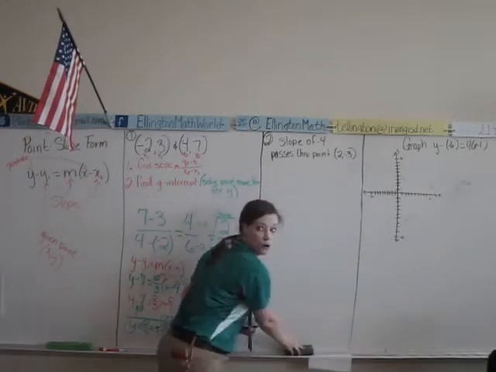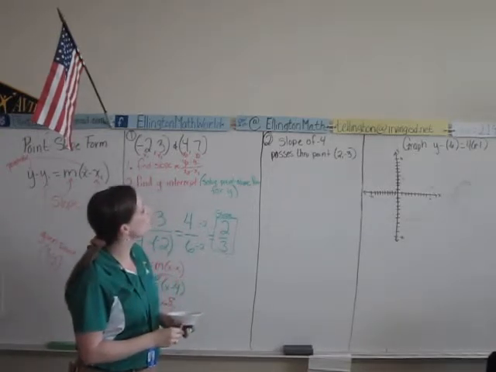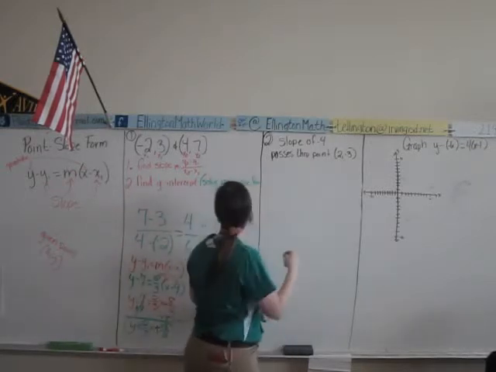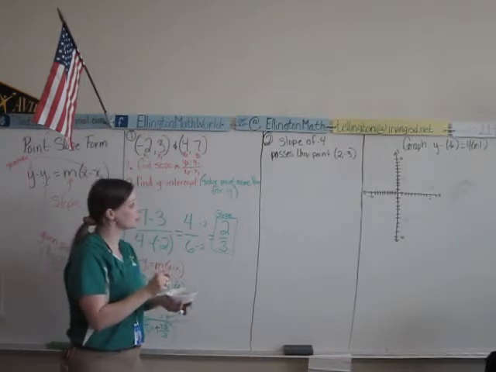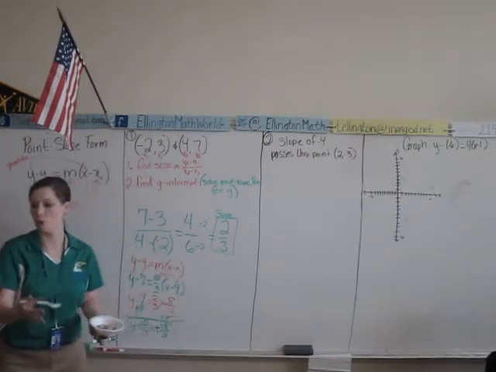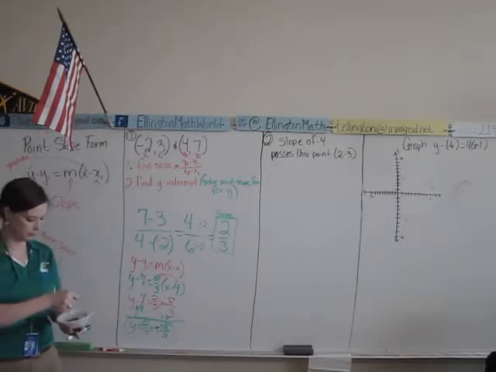All right, moving forward. If you're given slope of negative 4, and it passes through the point 2 comma negative 3, and it asks you to write the equation of the line. In this case, I've got slope and I've got a point, right? So I should use point slope form, correct? Because I have a point and a slope.